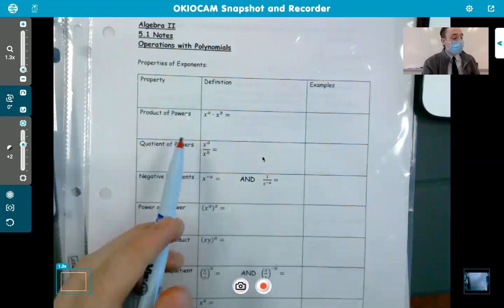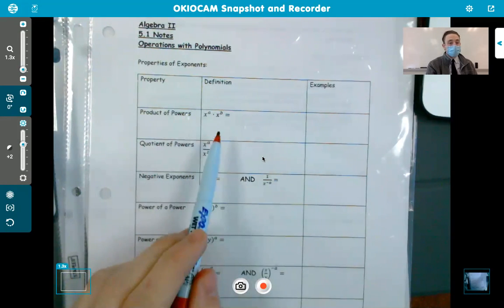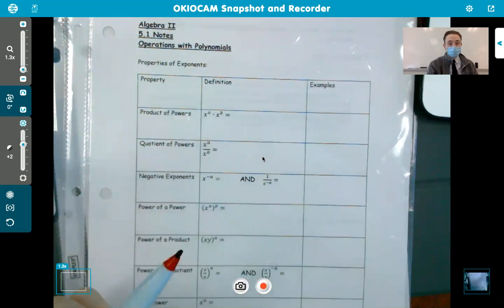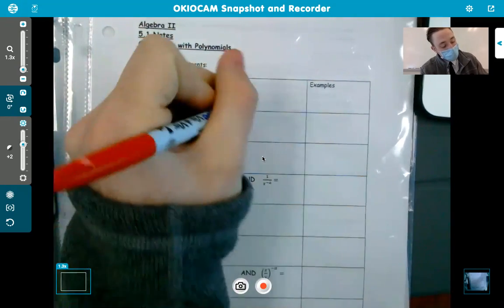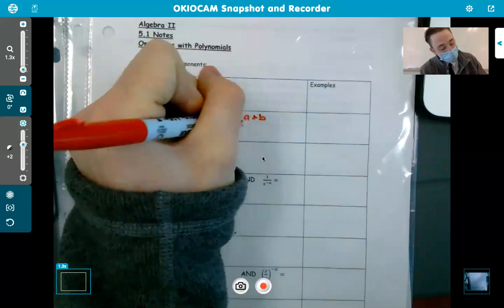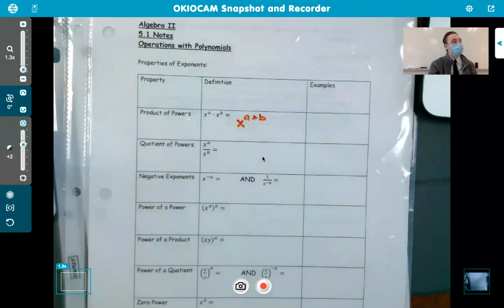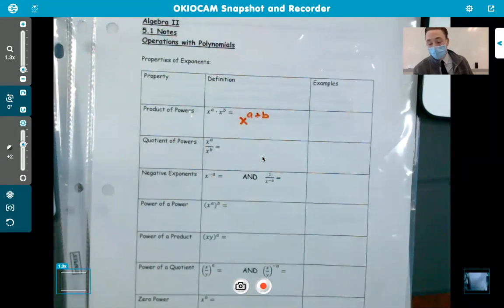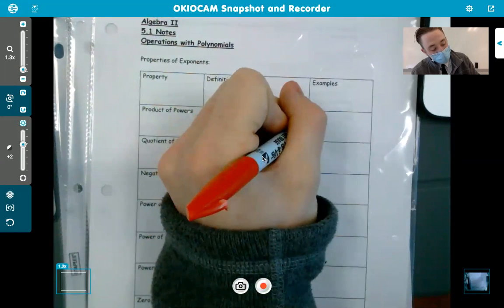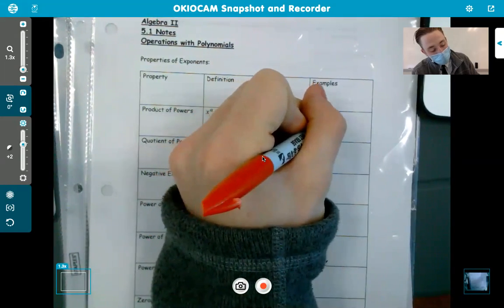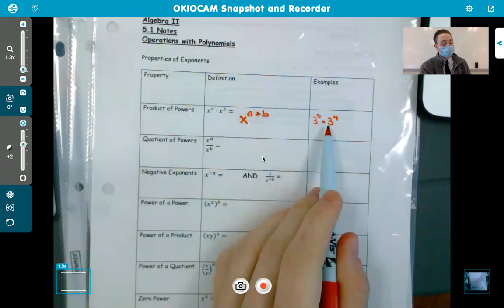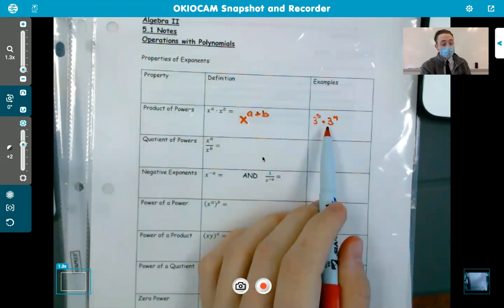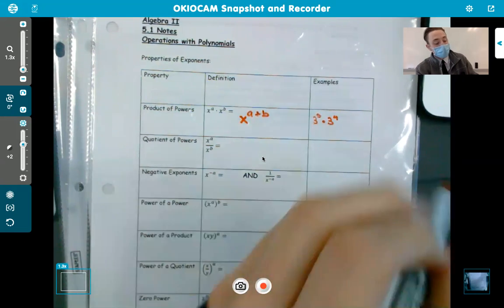When we're dealing with product of powers, if we have X raised to a number times X raised to a different number, what we do in that situation is we add the exponents. As an example, say you had 3 squared times 3 to the 4th. You can do 3 squared, and that's 9, and then 3 to the 4th, and that's 81, and then multiply those numbers together.